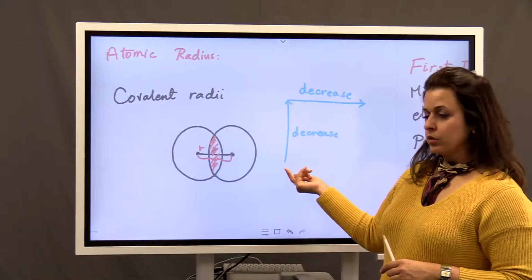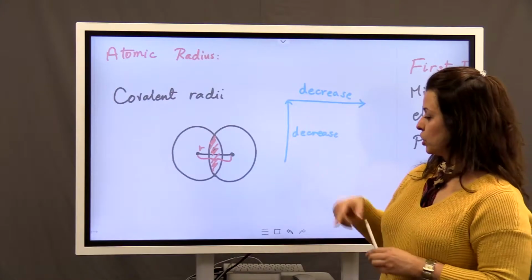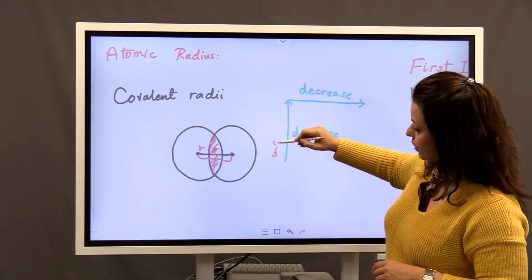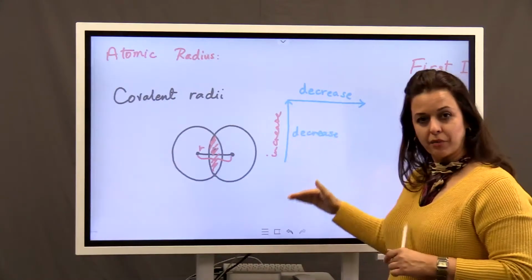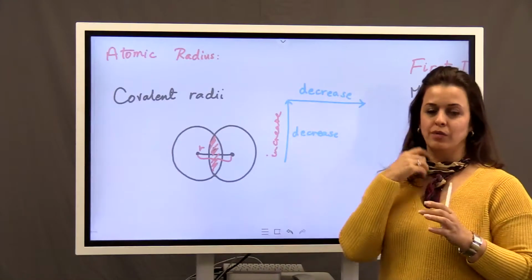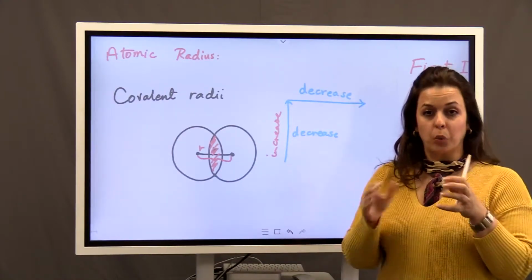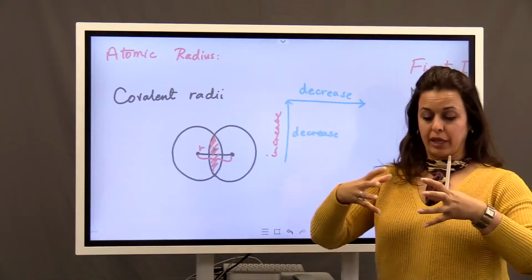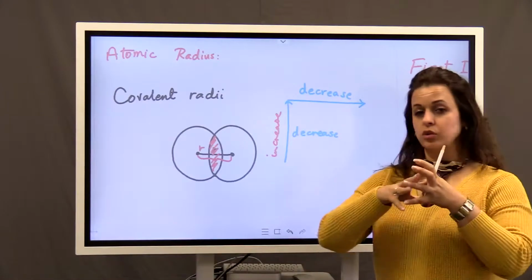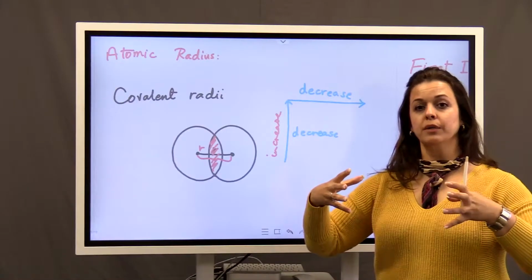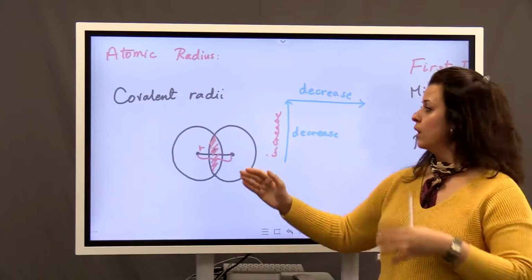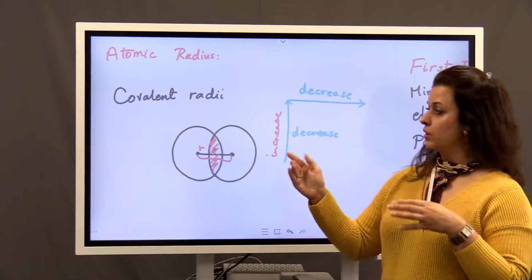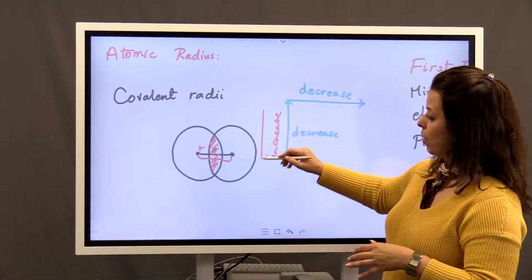From top to bottom, you have an increase in atomic radius, and it makes sense because you have more levels of energy. It's just like I always say, just like an onion with different layers. The more layers your onion has, you have a larger onion, right? So if the number of layers increases, the atomic radius increases from top to bottom.